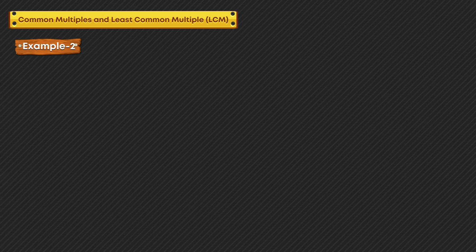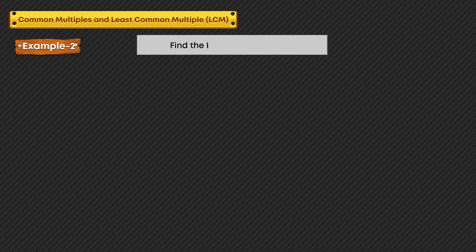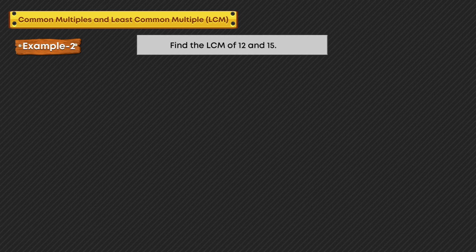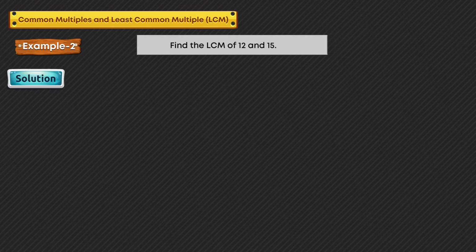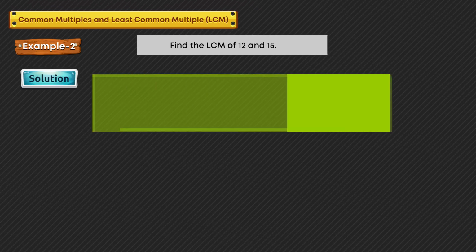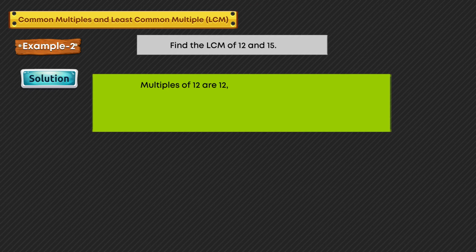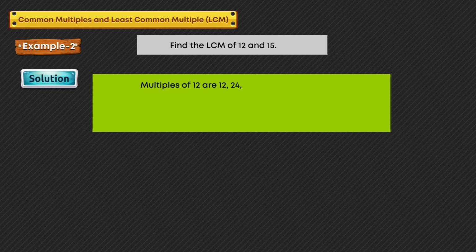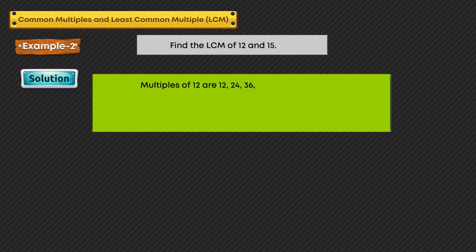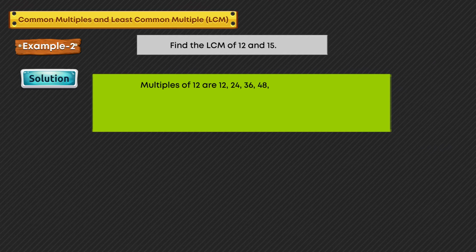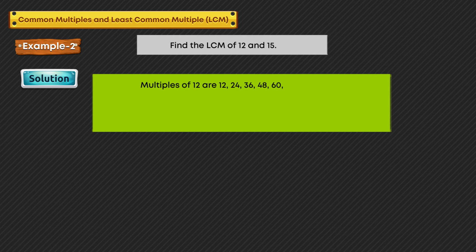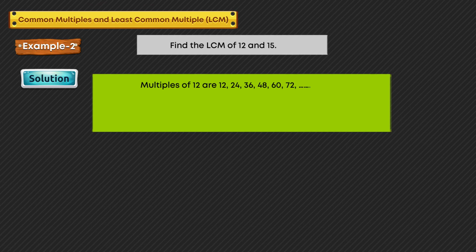Example 2. Find the LCM of 12 and 15. Solution. Multiples of 12 are 12, 24, 36, 48, 60, 72, and so on.